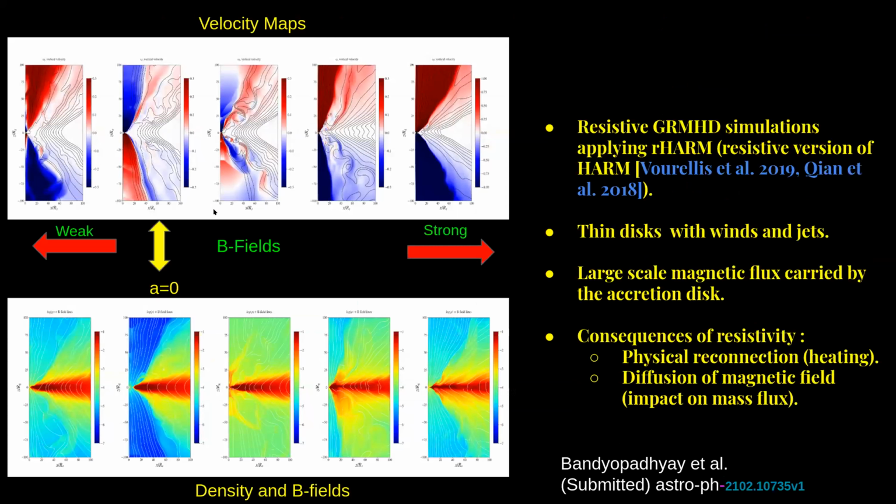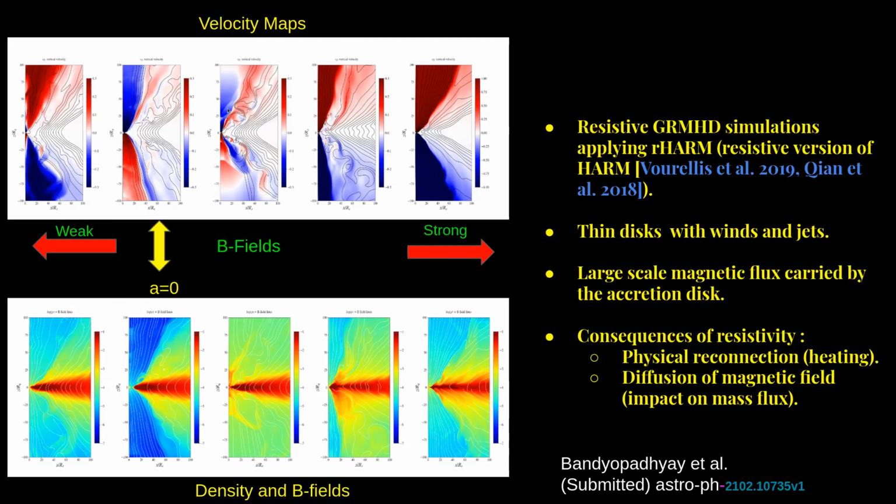So for this, we generated some simulations using a resistive version of the HAM code. For reference, you can see the paper by Vorelis of 2019. We have different simulations with different magnetic field structures and different floor values, which lead to different kinds of jets and wind structures, and also inflows and outflows.